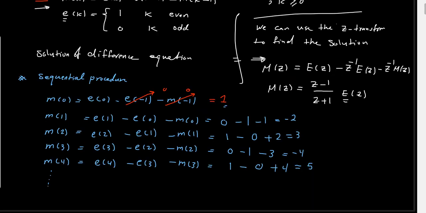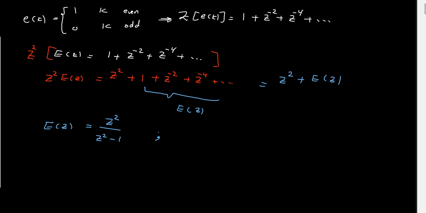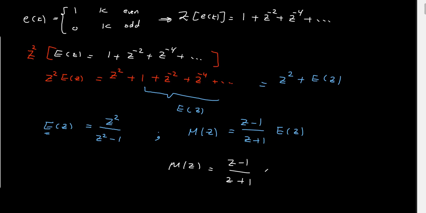Now, if you remember, this is the relation between M(z) and E(z): (z minus 1) over (z plus 1) multiplied by E(z). So M(z) was equal to (z minus 1) over (z plus 1) E(z), and now we have E(z). So M(z) will equal (z minus 1) over (z plus 1) multiplied by z^2 over z^2 minus 1, and z^2 minus 1 can be written as (z minus 1) multiplied by (z plus 1).